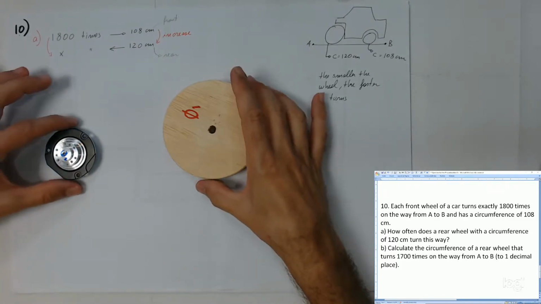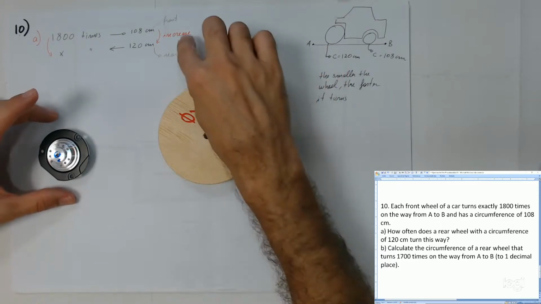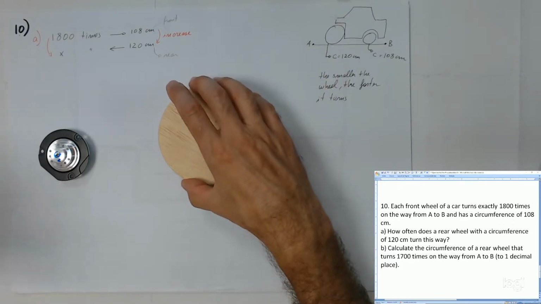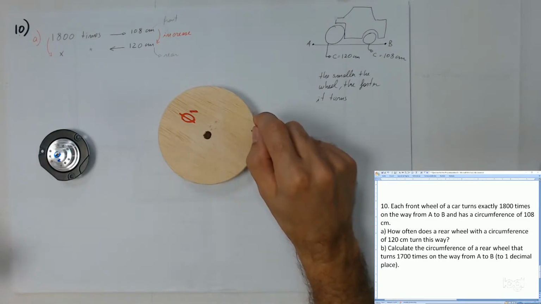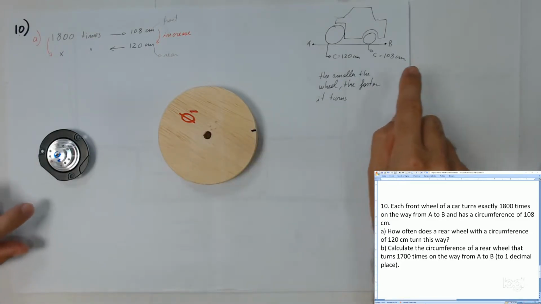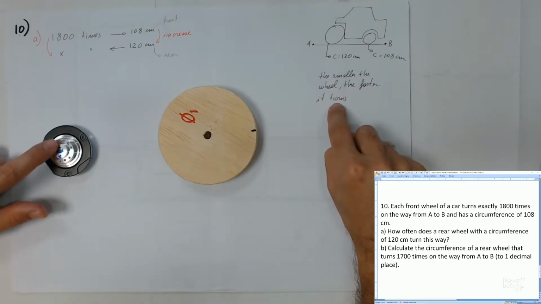When we increase the diameter like this, what is going to happen to the amount of turns they make? Look, the smaller the wheel, the faster it turns.